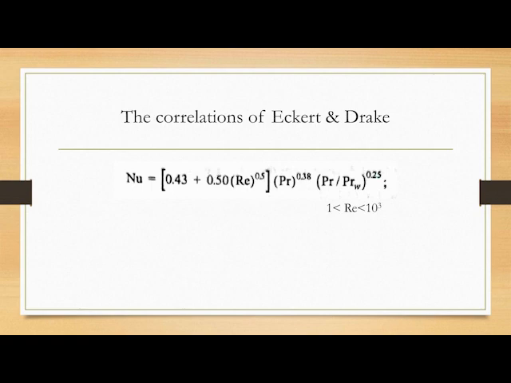Now this correlation that we have here is given by Eckert and Drake for flow across the cylinder. The relation is Nusselt number equals 0.43 plus 0.50 multiplied by Reynolds number to the power 0.5, the whole multiplied by Prandtl number to the power 0.38, multiplied by the ratio of Prandtl number divided by Pr_w.